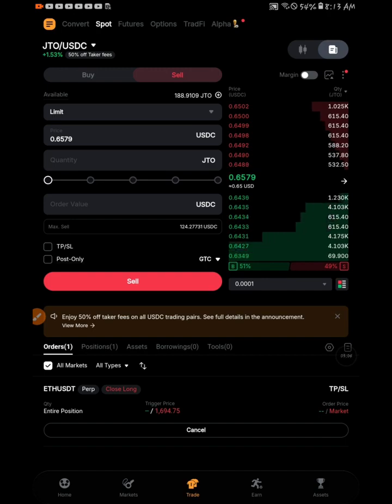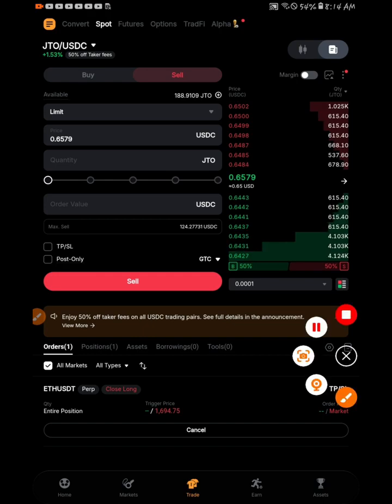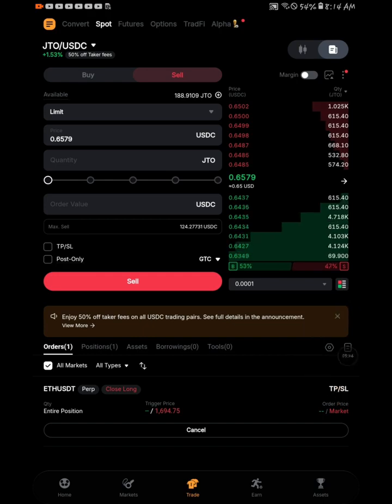So whenever you see enjoy 50% off taker fees on all USDC pair, keep in mind what they are telling you to do is to use market order to execute your trade on any of their USDC pair, because apparently USDC pairs are slightly lacking liquidity for fast execution.